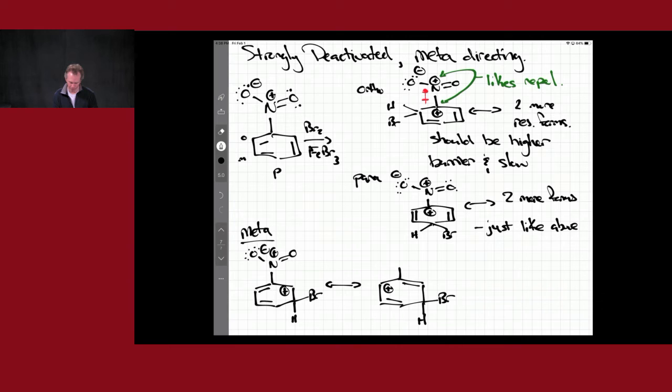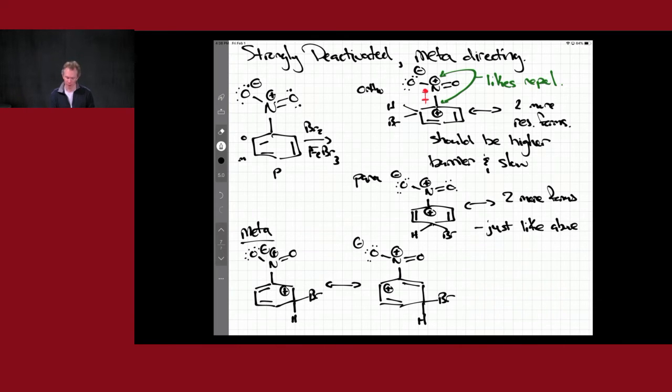Okay, here we are. This one looks about the same. It's just now the cation's further away from where the bromine is. Okay, it didn't get any closer, though, to our cation over on the nitrogen.